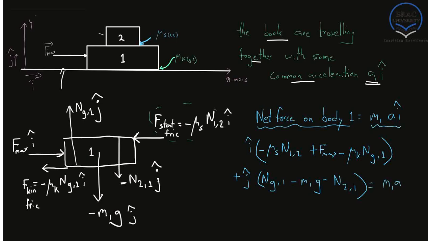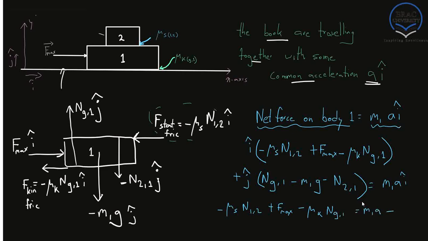So now we have a vector equation that's equivalent to 2 scalar equations, right? If we want to write those down, we compare the coefficients of i hat and j hat. If you compare that, then you get the following two equations. You have minus mu s N12 plus F max minus mu k N g1 equal to m1a.